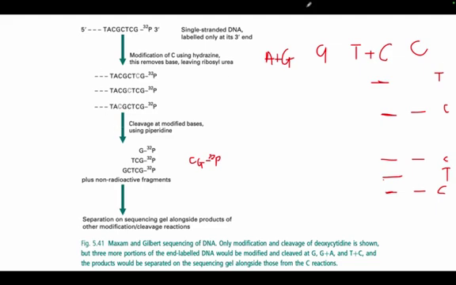Similarly, if we look at the purine reactions, this will cleave after this G, so we will not get any product for this. You won't be able to sequence this last residue. But what we will get is bands for these other products.